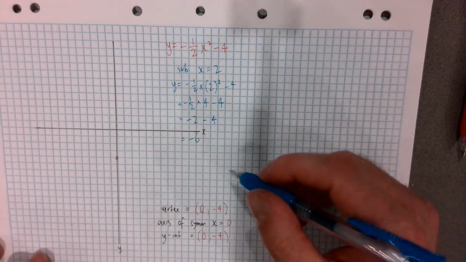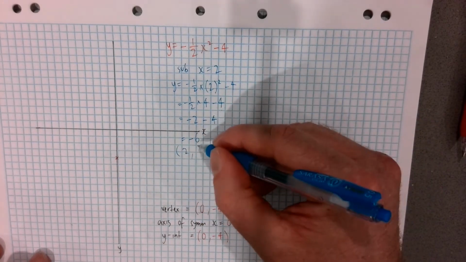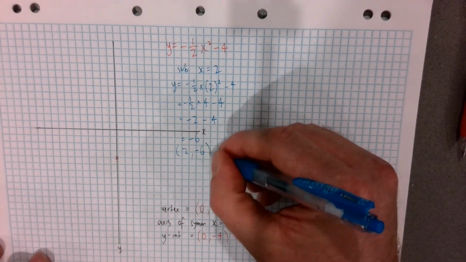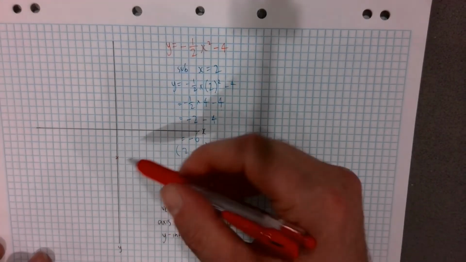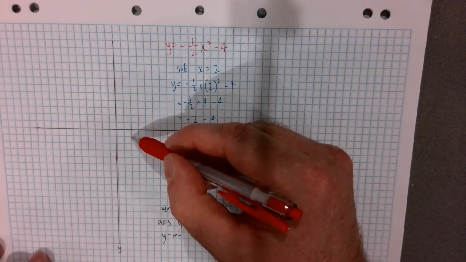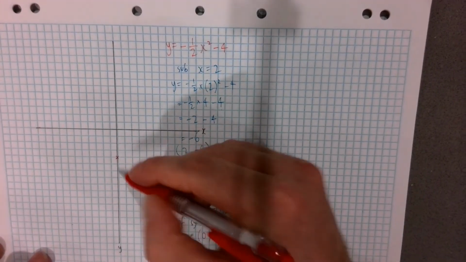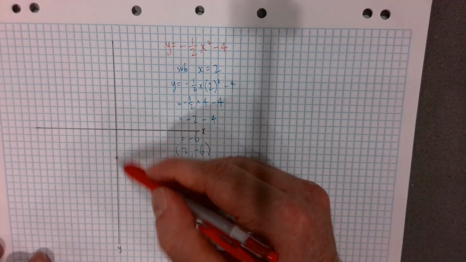Okay, so another coordinate on this parabola, when the value of x is 2, the value of y is minus 6. So let's go ahead and mark that coordinate, so positive 2, minus 6, 1, 2, 3, 4, 5, 6. Again, my axis of symmetry is 0.